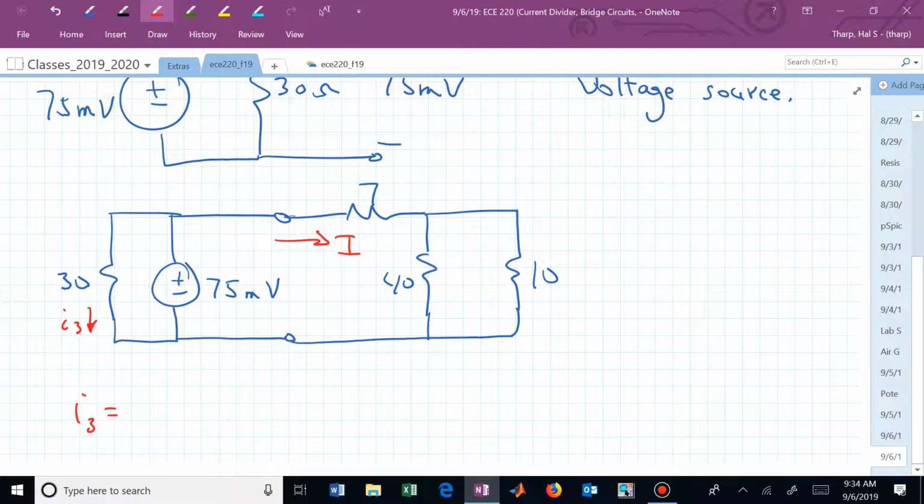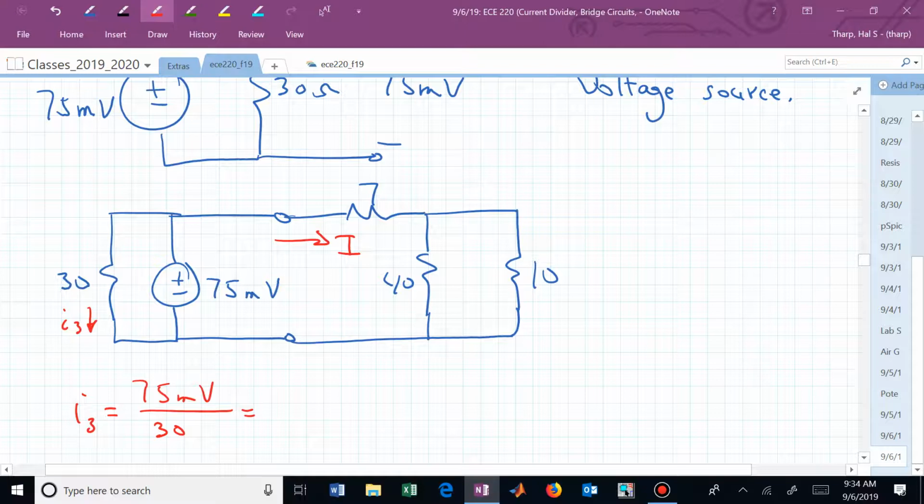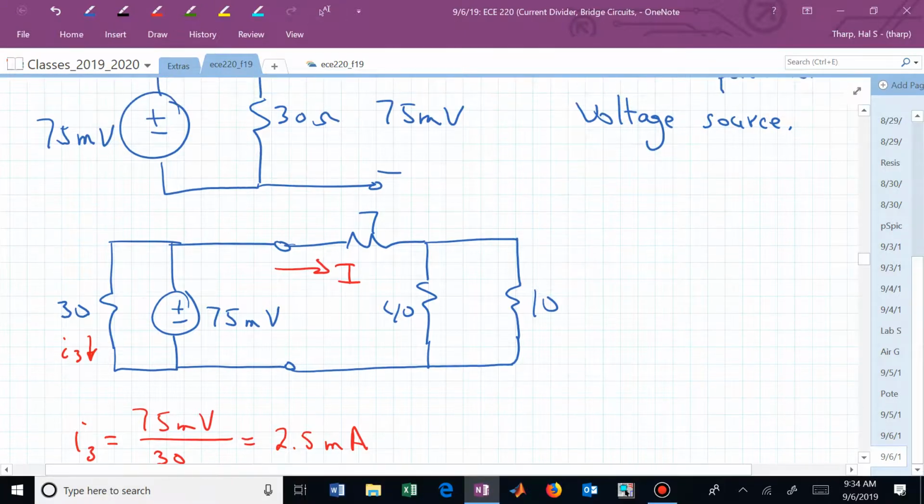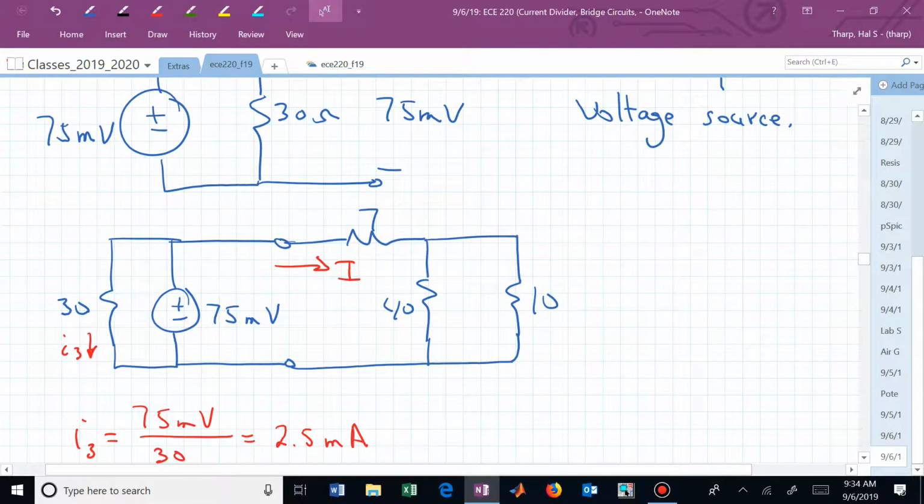So I is V over R. This is now 75 millivolts divided by 30. And that's now 2.5 milliamps. And that's going to be flowing no matter what's hanging off or connected to the right side.